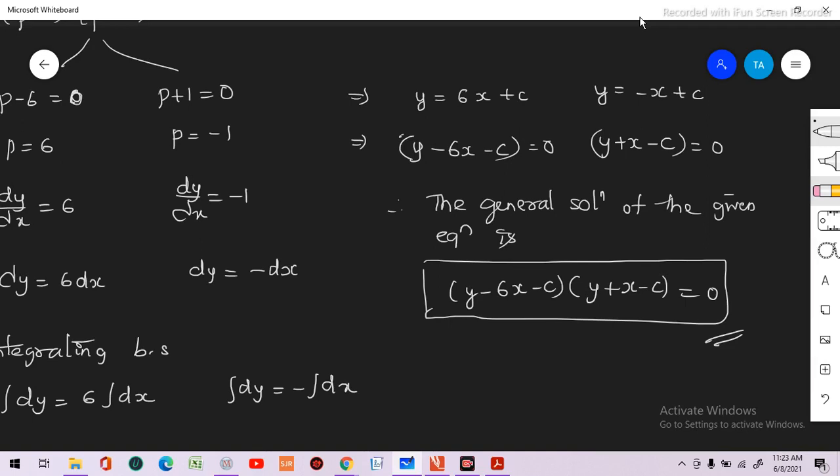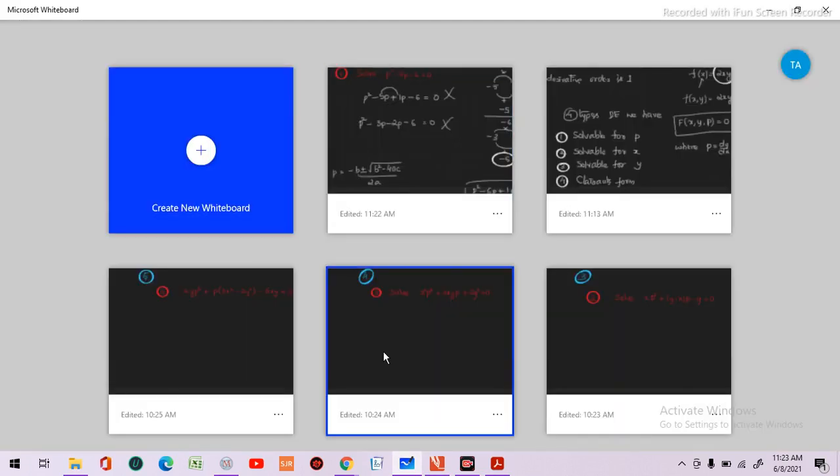Solvable for p, I am telling, if you are able to factorize them, whether p power 4, p power 3, or p squared, and in terms of factors you are able to write, then you can go ahead with the solvable for p method. Is it fine? This is the first question. Then we will go to the second question.